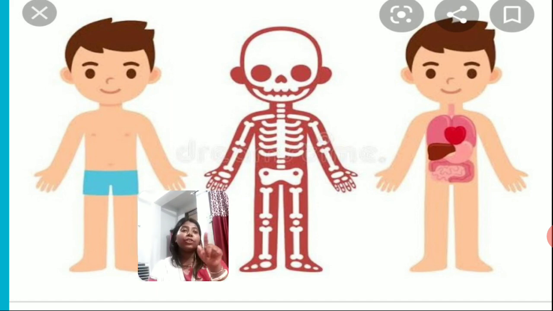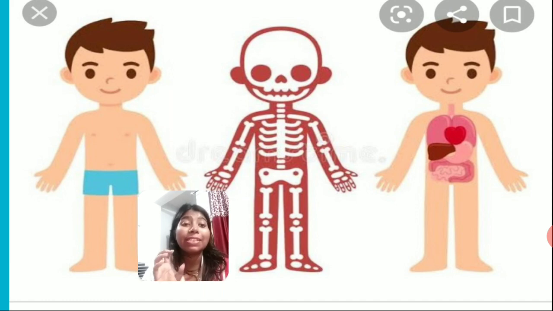Now see the three pictures here. The first picture is of a human body. The second picture is of a skeleton. Over the skeleton, the bones, we have the muscles, and those make us a human body. In the third picture you can see a human body with the internal organs.